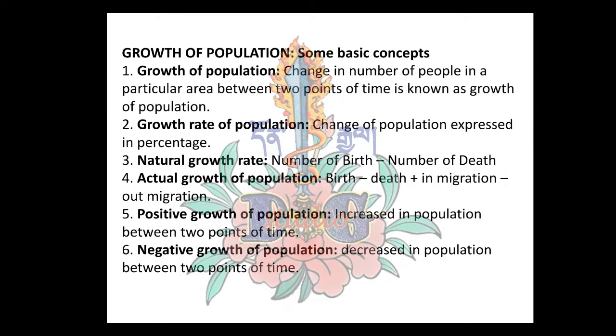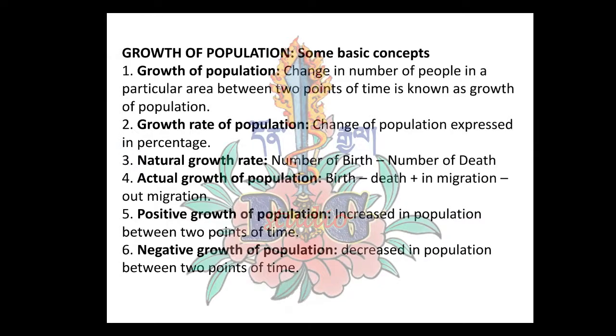If we ask what the actual population of India is, the formula to find the actual growth of population is: number of births minus number of deaths, plus the number of in-migrants to India from other countries, minus the number of out-migrants from India to other countries. So if we calculate birth minus death plus in-migration minus out-migration, we can get the actual growth of population of India.